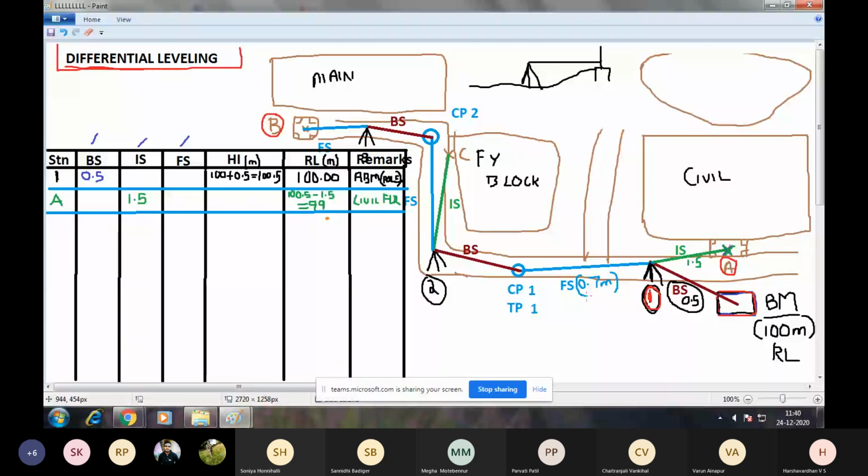I'll enter this reading in the foresight column. Point number 2 is the first change point, so I'll write it as CP1. Any doubts? I'm taking a staff reading on change point 1.